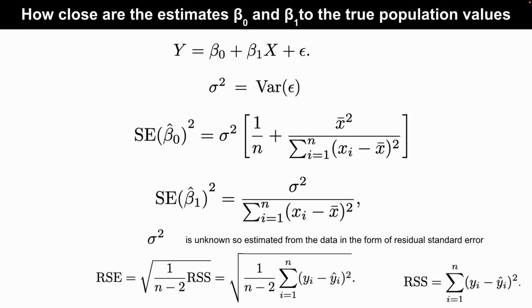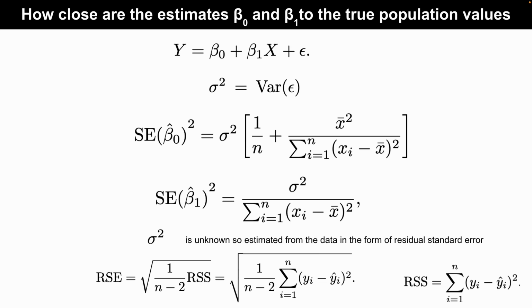Before we do that, we have to revisit some of the things that we skipped last time. There are a lot of equations here which you don't have to worry about. One thing I want to highlight is the residual standard error, which we touched upon but didn't talk about. The residual standard error is simply based on your residual sum of squares, which is the sum of squares of your residuals, yi minus yi hat squared.